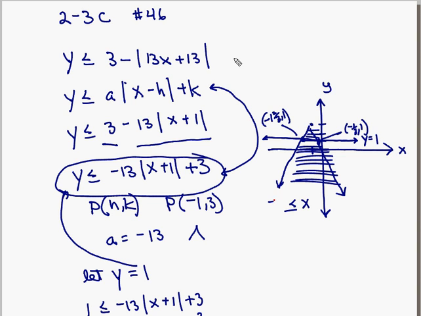So we know the portion that's going to be shaded is where the x's are in between those two amounts. And that just happens to be inside the V. So that would be the answer for number 46. All right.